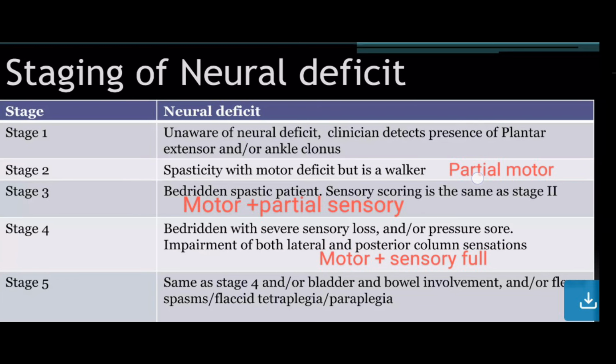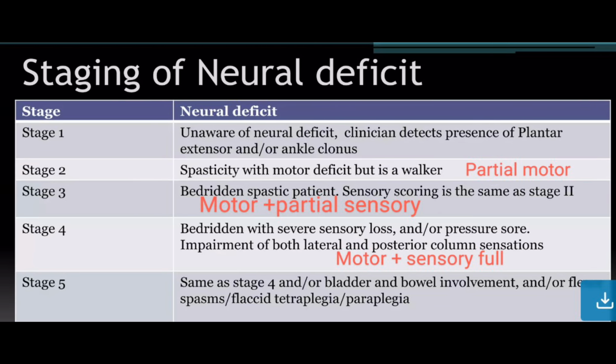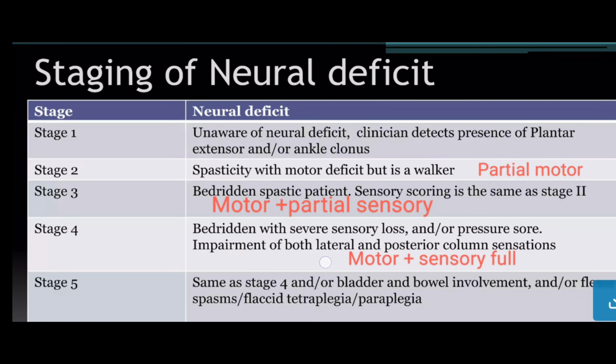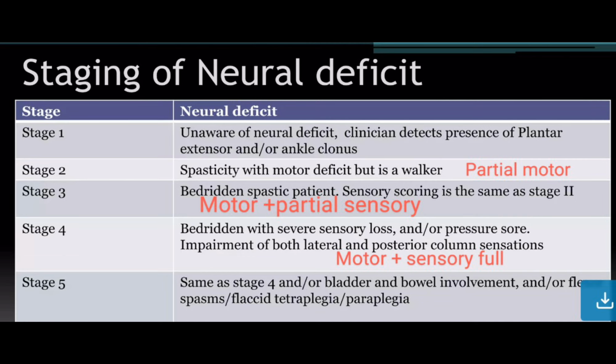Then stage 3 is motor plus partial sensory. Here motor is fully gone but sensory is partially present. Then in stage 4 motor plus sensory fully gone. And in stage 5 there will be bladder or bowel involvement and spasms, flaccid tetraplegia, paraplegia.